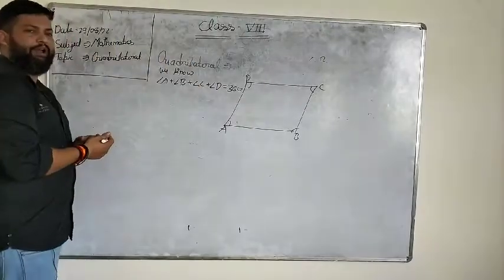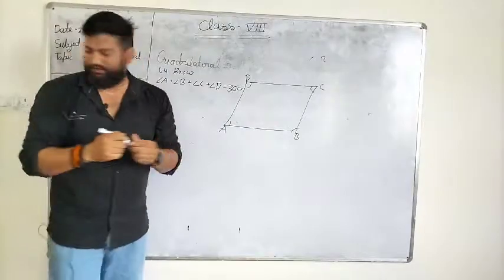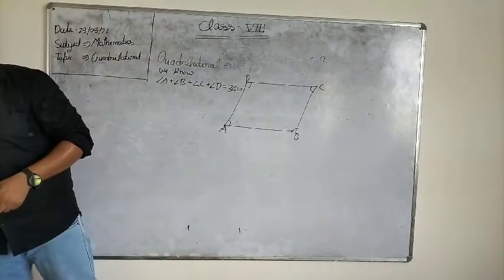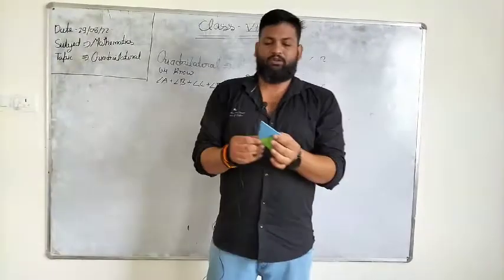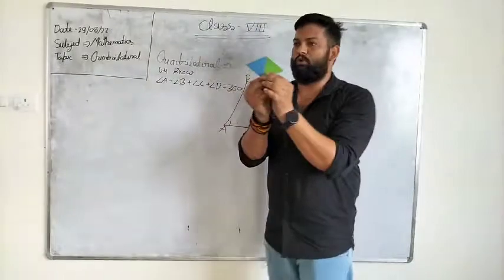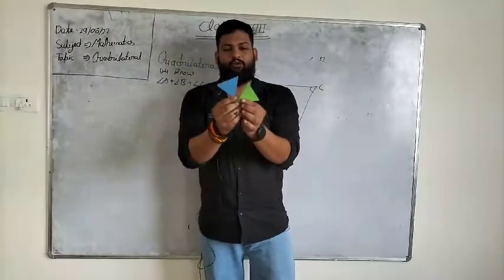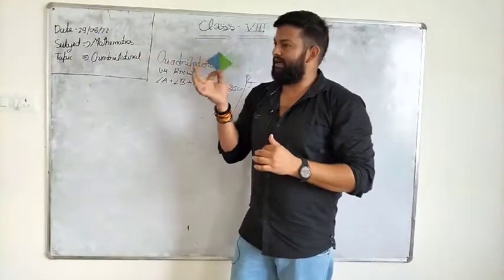And how can we find it? If I have a quadrilateral like this figure, by this activity you can understand, when we join two triangles together, they form a quadrilateral.